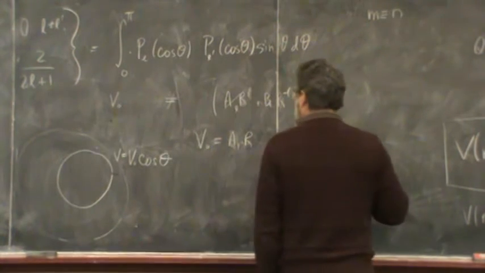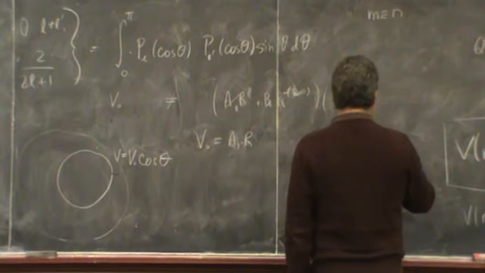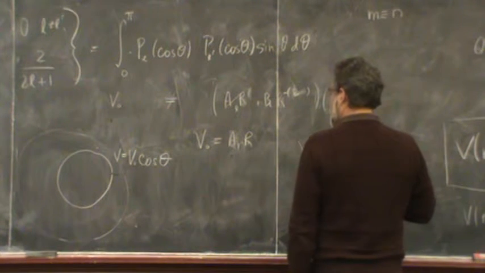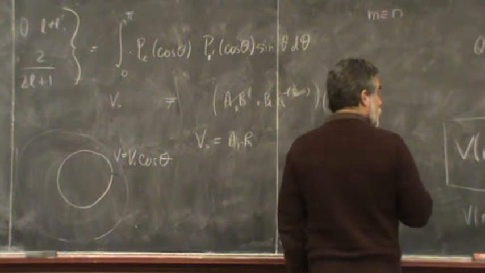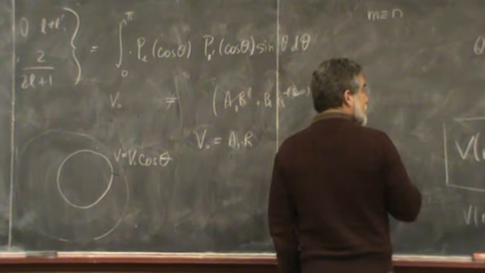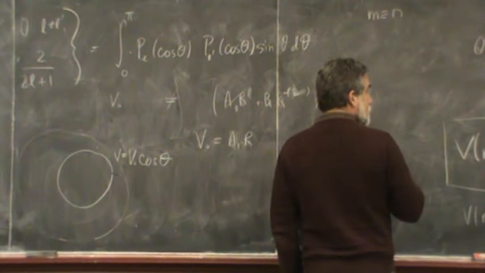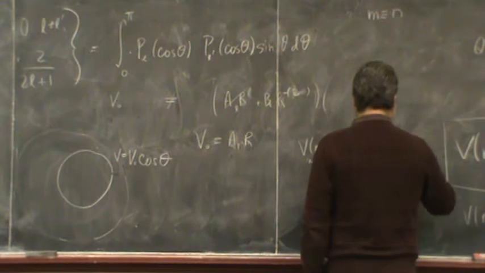So A1 is equal to V0 over R. So V0 over R, little r to the 1, cos theta.